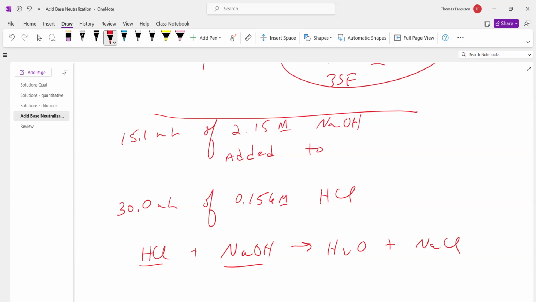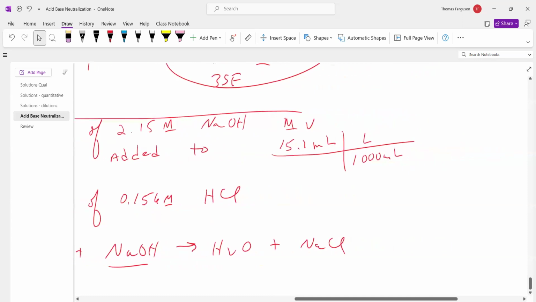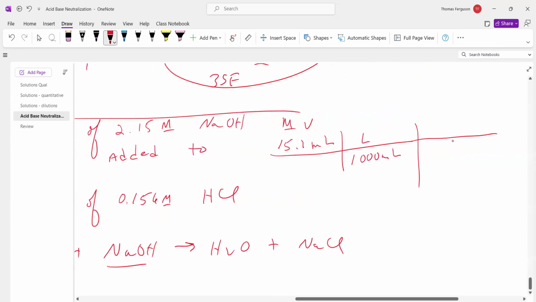Okay, so first thing is, let's calculate how many moles of sodium hydroxide. So that's going to be good old MV. Here we go. Always got to convert to liters.